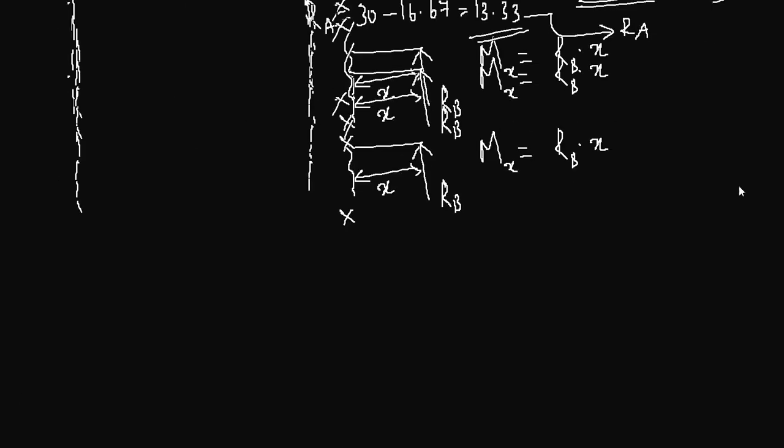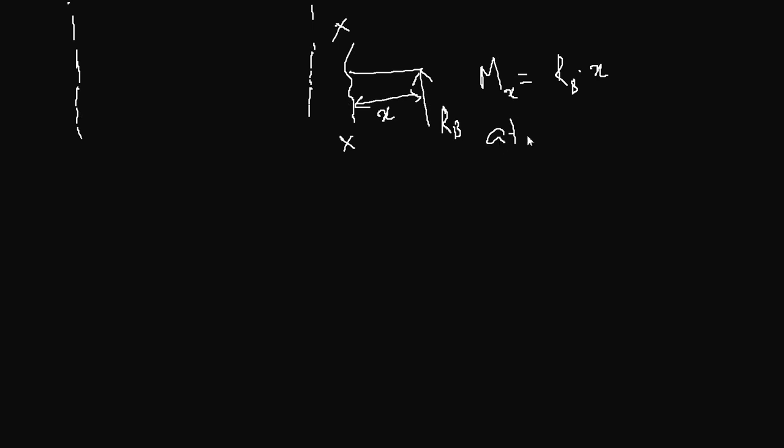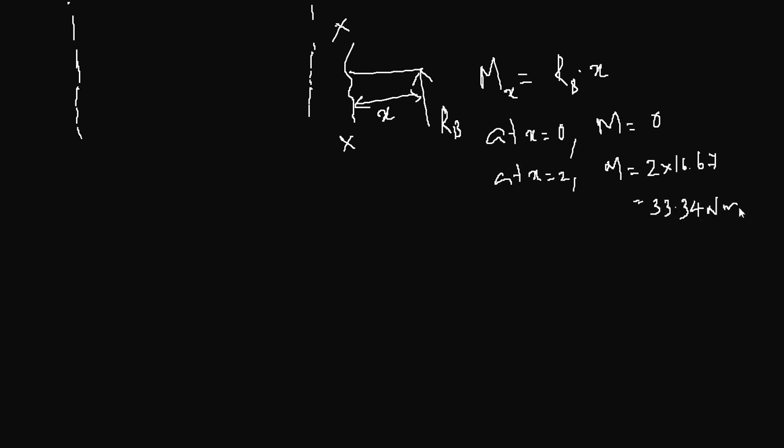So you have at x equal to 0 the moment will be 0, and at x equal to 2 moment will be 2 times 16.67, that is 33.34 Newton meter.